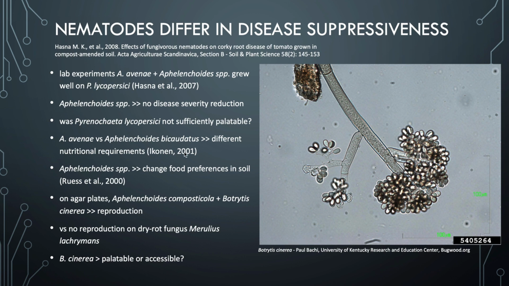And it has been shown in other studies that the two different nematodes actually have different nutritional requirements. So Aphelenchoides has been shown to change food preferences once added to soil versus when it's force-fed a particular fungal food in the lab. And this is the problem once again when we're doing studies.